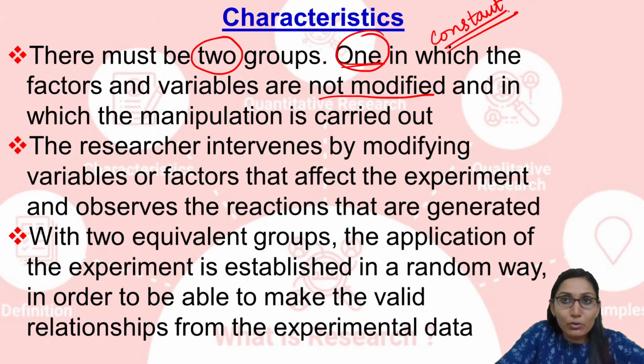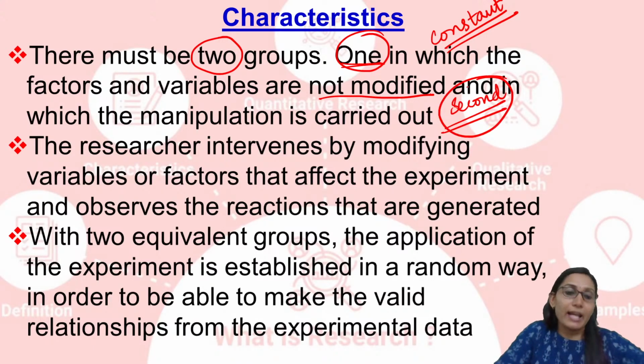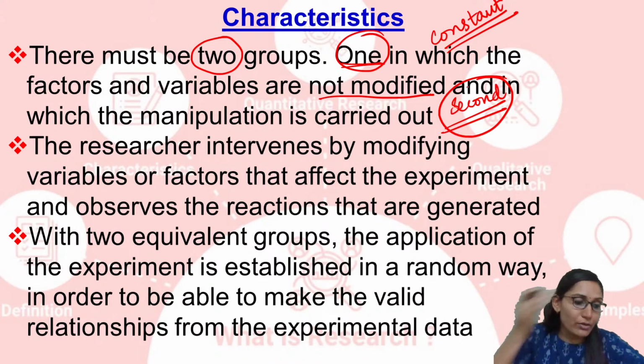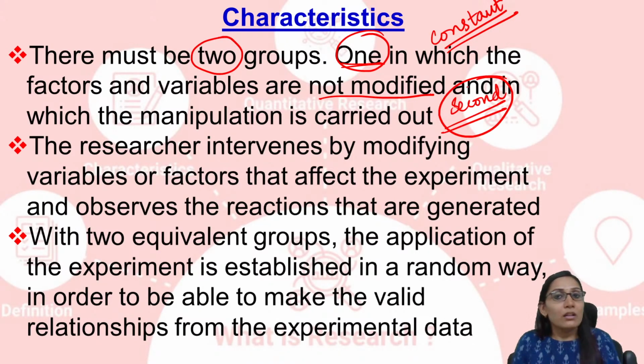The second group is where the changes are made or manipulations are carried out. So one is constant, another one is changing, dynamic.